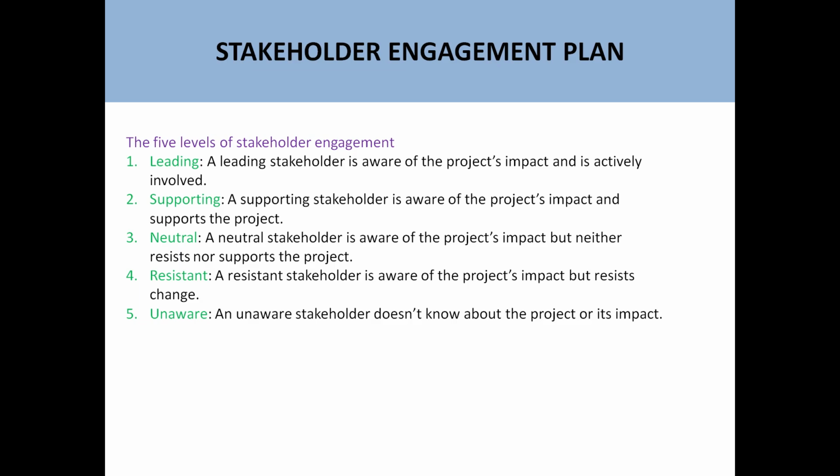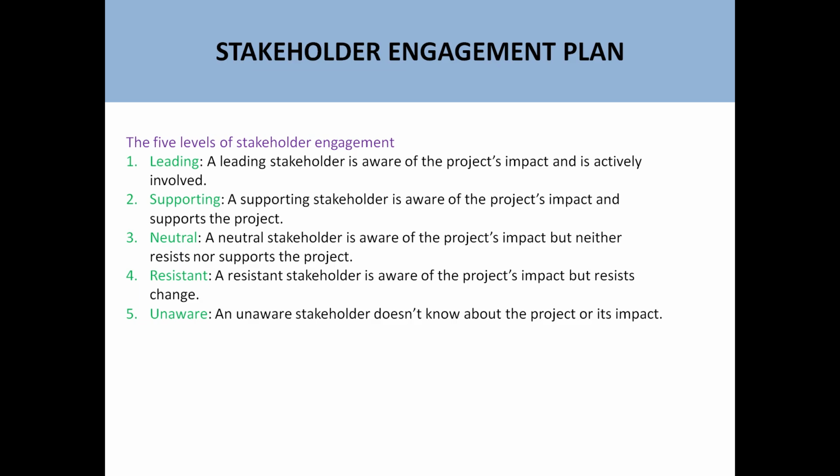These are very important stakeholders who are involved in your project and providing support to you. These stakeholders are very important for you as a project manager. Neutral. Neutral stakeholders are neutral: it doesn't matter to them whether the project is completed or not.